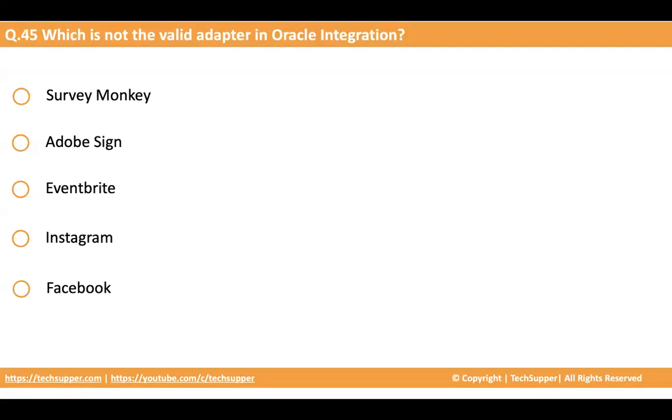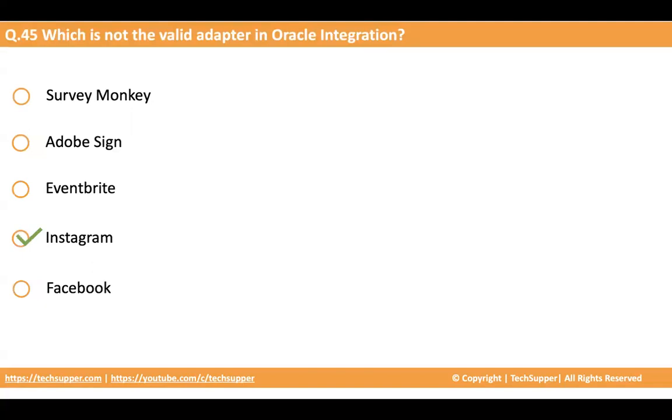So if you don't know the list of adapters, you can go to the Oracle integration, go to the adapters, and you find out all the adapters available in Oracle integration. But what adapter is not available as of now? And the answer is Instagram. Instagram is not the adapter in Oracle integration as of now.